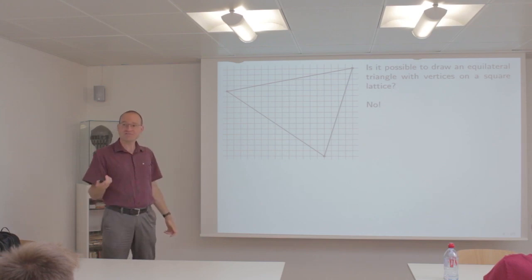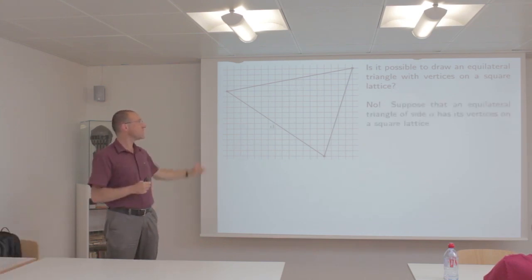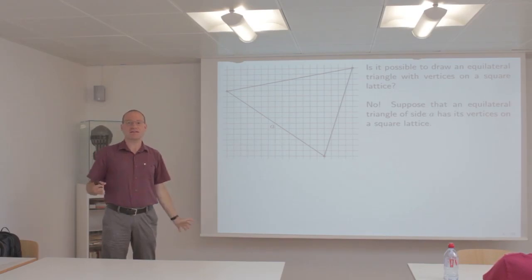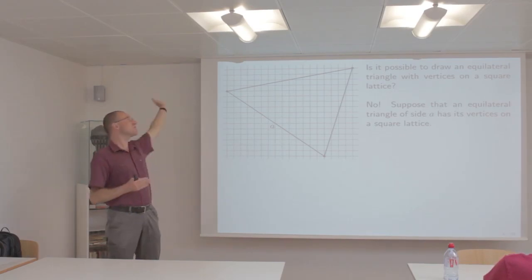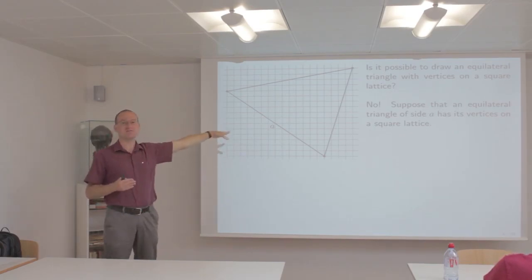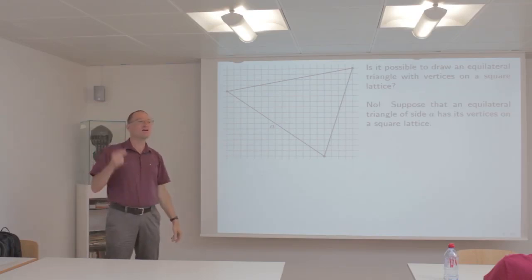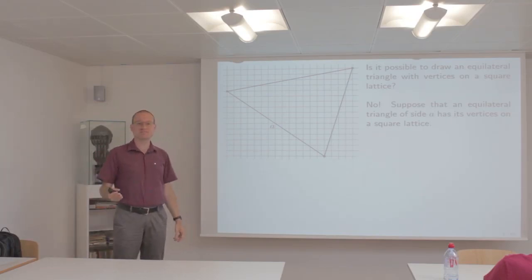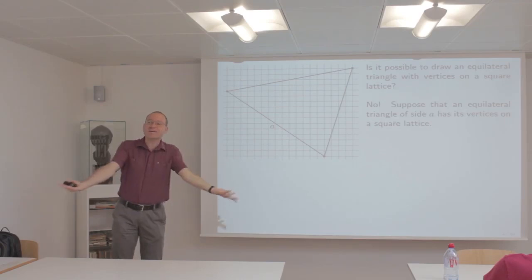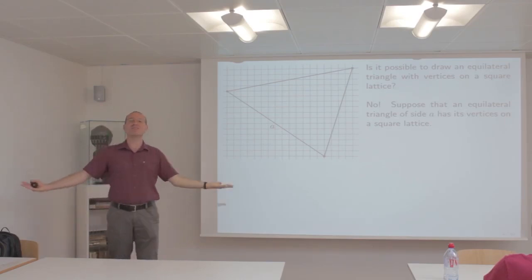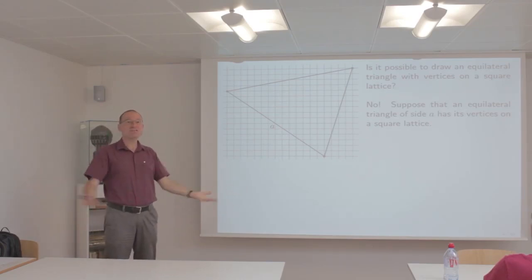Well, prove by contradiction. Suppose an equilateral triangle of side A has its vertices on a square lattice. Suppose there exists an equilateral triangle with vertices on a square lattice. We'll get a contradiction. How can we get a contradiction? What can we say?